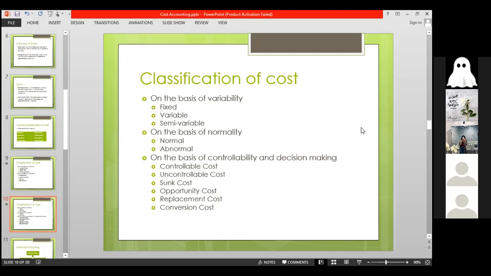It does not change whether you have more business, less business, or no business. That is a fixed cost. Variable cost is something that will vary according to the size of business, or according to how much business you have. Like cleaning services. The more your restaurant is busy, the more cleaning services you will require.